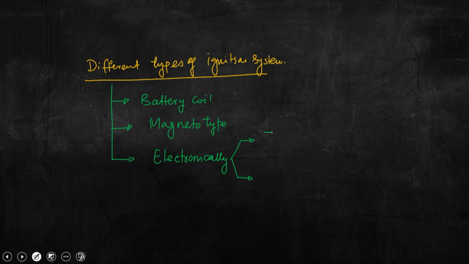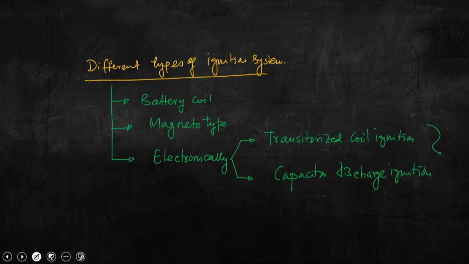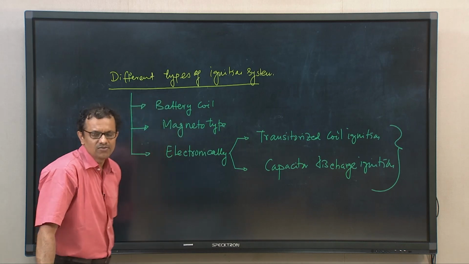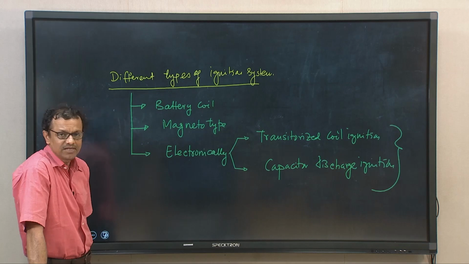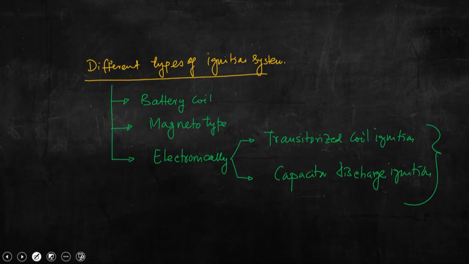The first one is transistorized coil ignition, and the second one is capacitor discharge ignition. So, these are the three different types of ignition system typically used in SI engines.